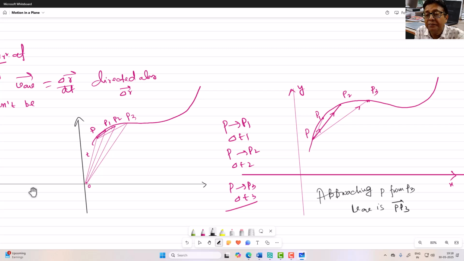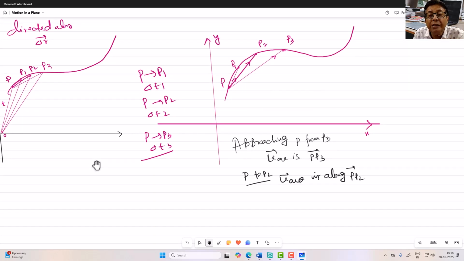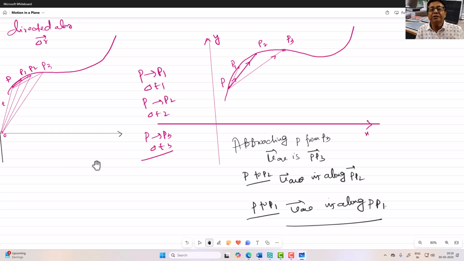It's distinct. Particle approaching from P2: V average is along what direction? V average is along PP2. You are going very close to the point P. Particle going from P1: V average is along PP1.